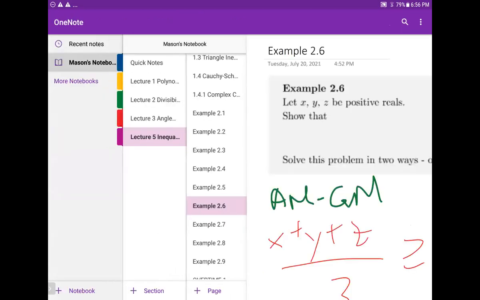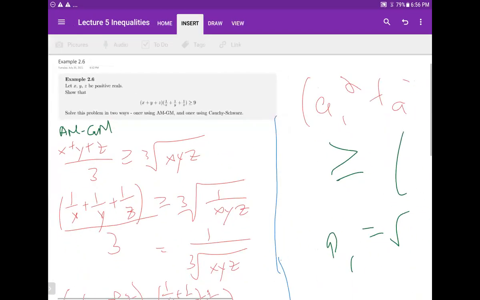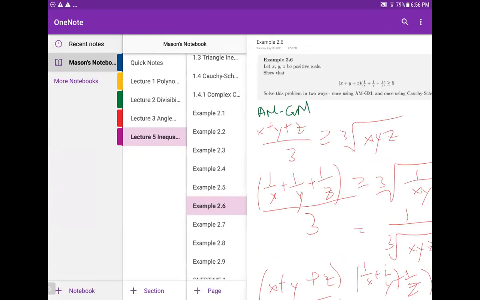All right, so we can see that this inequality could be solved with both AMGM and Cauchy-Schwarz. So it was a good example to show how to use both of these inequalities in a problem. One trend you might be noticing is that some of these problems are actually proof problems, and inequalities are slightly more advanced than what you would typically find.